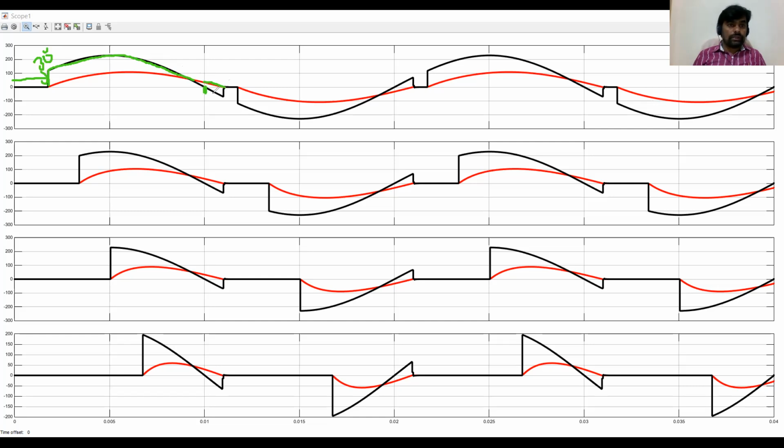And due to that, T1 will be in conduction state up to this particular point. So this is called conduction duration, from this particular point to this particular point. And from 0 to this particular point where the current extinguishes to 0, that is called beta. So beta is the extinction angle here. It is measured from the reference point to the point at which the current extinguishes to 0.